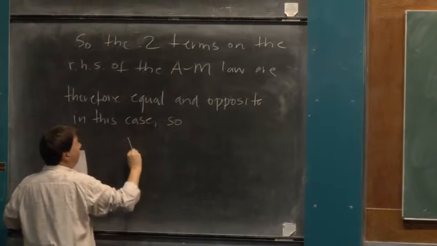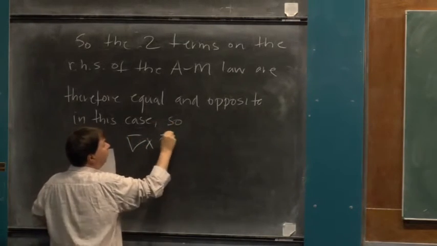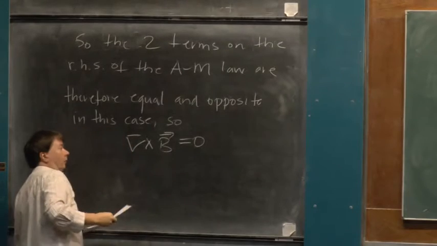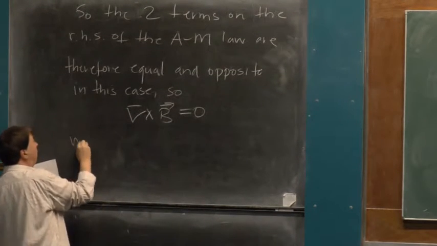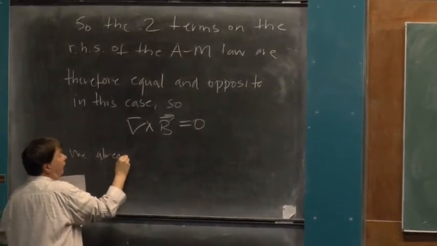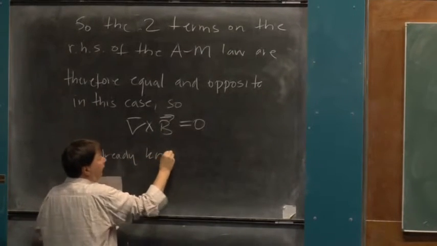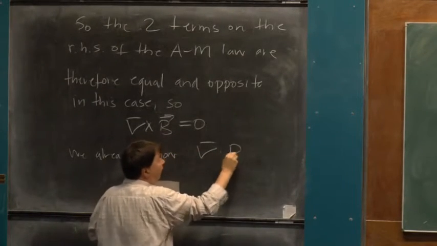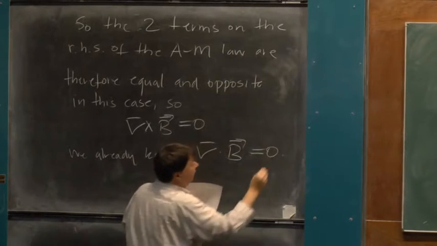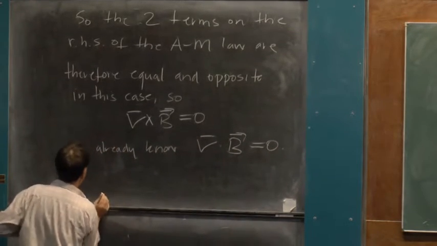So curl of B is zero. We already know, because it's a totally fundamental law, that del dot B is zero. Nobody's ever discovered a magnetic monopole.